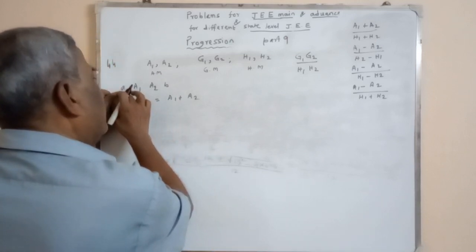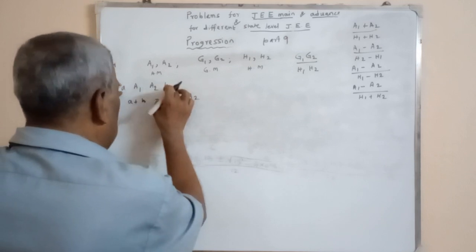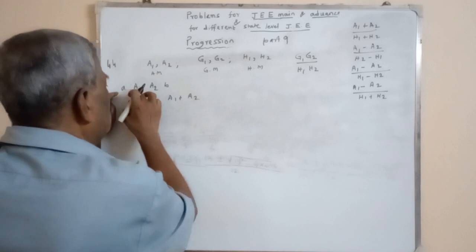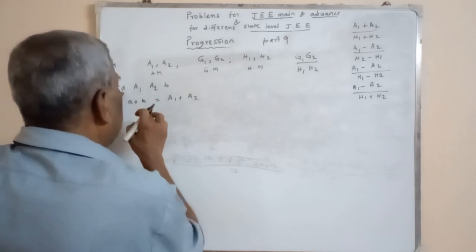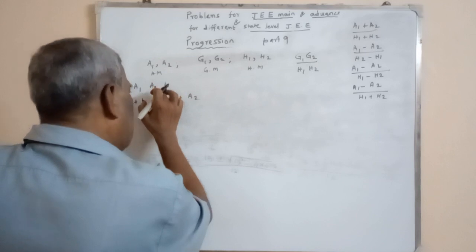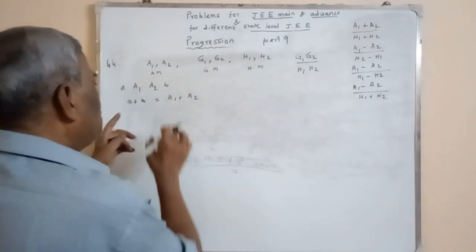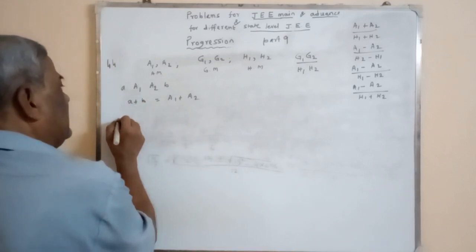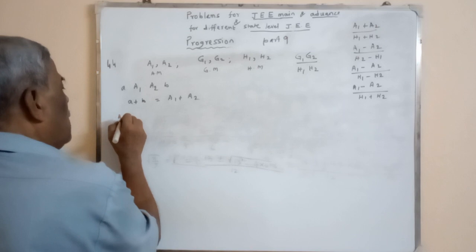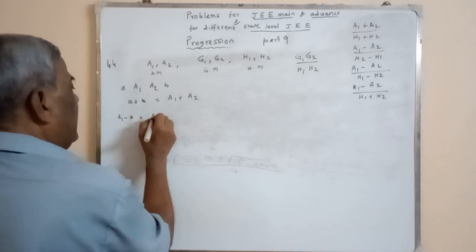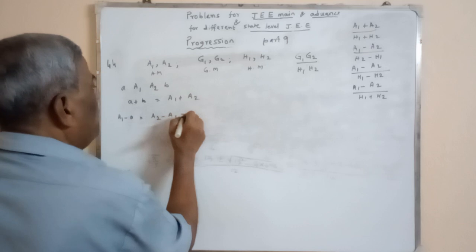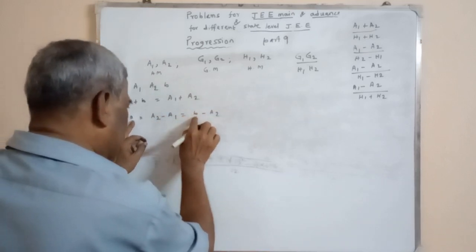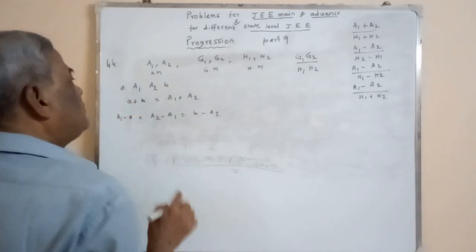This is the initial point, this is the end one, and A1 is one term after the initial position, and A2 is one term before the last term. So the sum of these two must be equal to that. Otherwise, you can obtain it this way also, because A1 minus A is equal to A2 minus A1 is equal to B minus A2. Therefore, B plus A is equal to A1 plus A2.